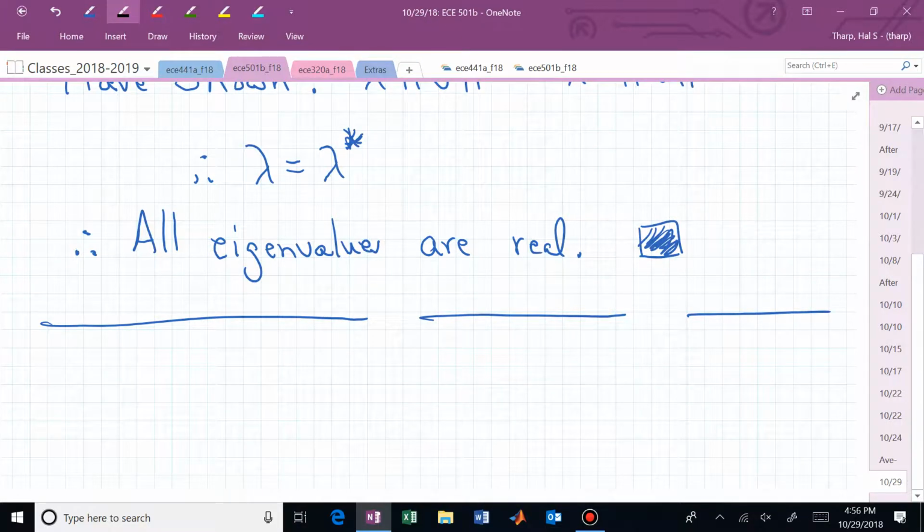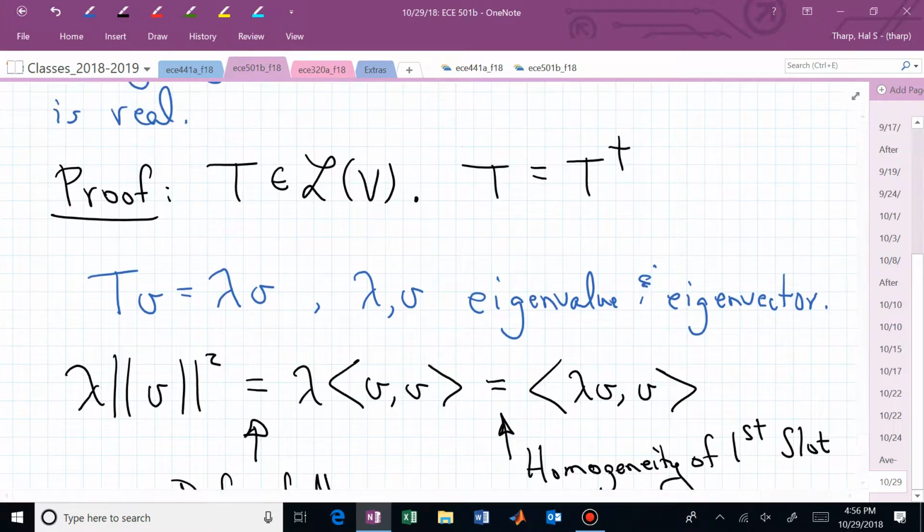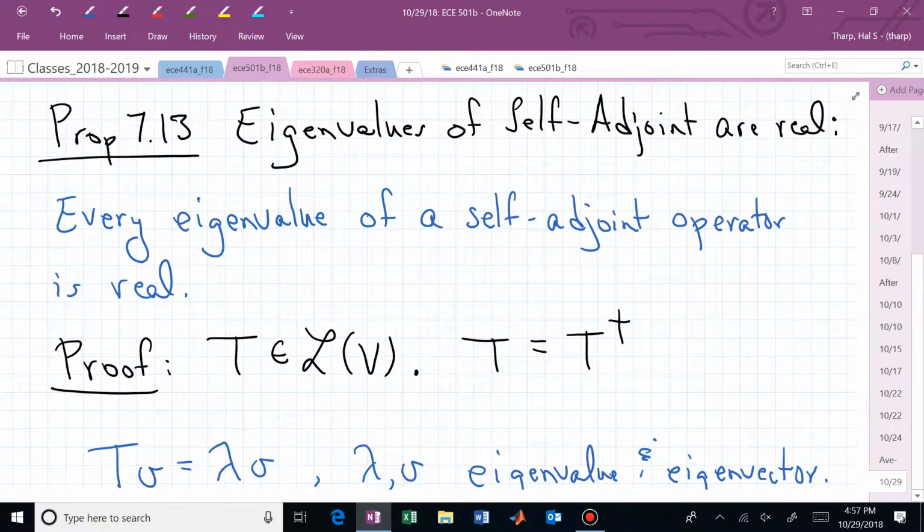So now, what did we just learn? A lot of stuff. We used a lot of stuff, but it was fairly straightforward, the process. But where did we start? We were saying we want these eigenvalues to be real. How do I show that something that's complex is in fact real? I need lambda to be equal to its complex conjugate.